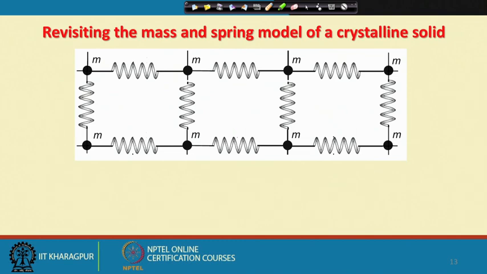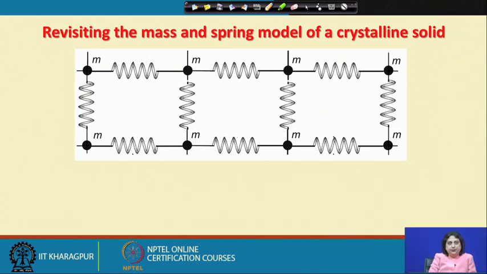Now, let us go back and look at the mass and spring model of the crystalline solid a little closer. This is how I am representing the mass m of an atom in a crystalline solid at the lattice positions, and these are strongly interacting with their neighbors.